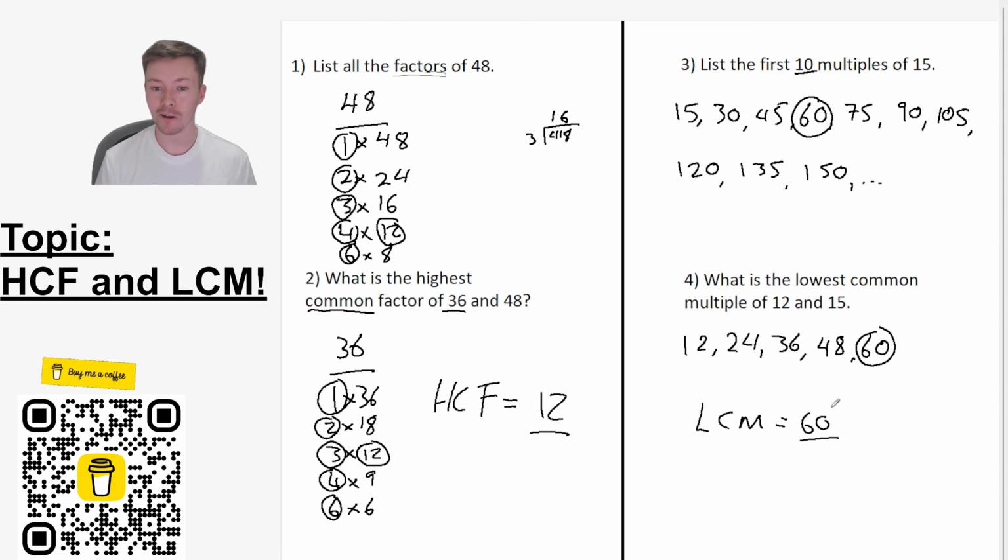Okay, there are lots of other great things that you can do, and there's a method for working out multiples and factors and highest common factor, lowest common multiple in a different way. It's with something called prime factor decomposition, and that method is brilliant for lots of other things in maths, and also lots of other different types of questions.